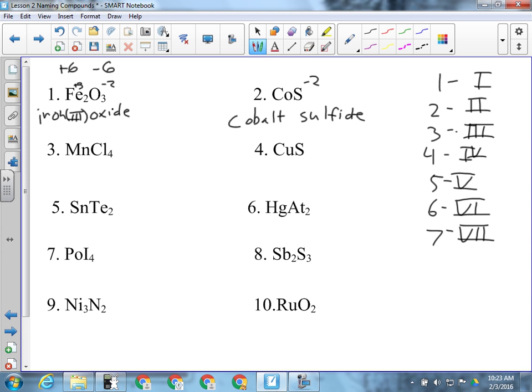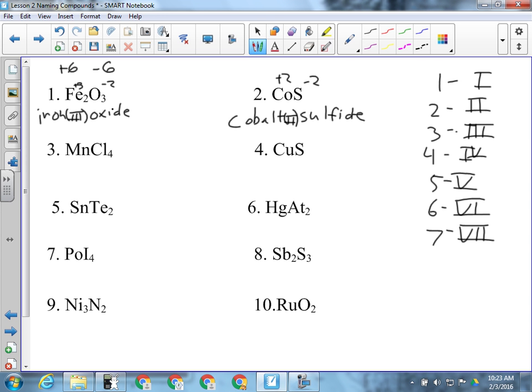And I remember that my negatives have to equal my positives. There's only 1 sulfur here, so there's only 2 negative charges. That means cobalt's charge has to be +2. So this is cobalt 2 sulfide. Everybody following me there? Cobalt 2 sulfide, iron 3 oxide, exactly.